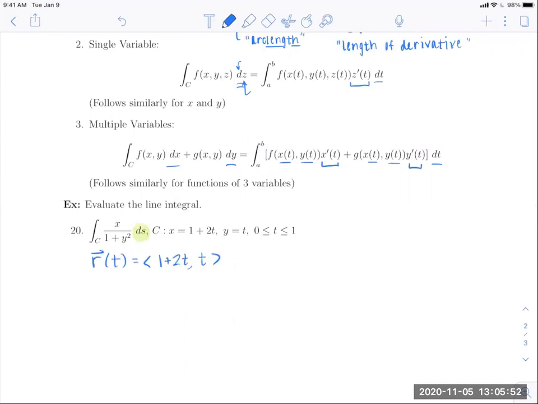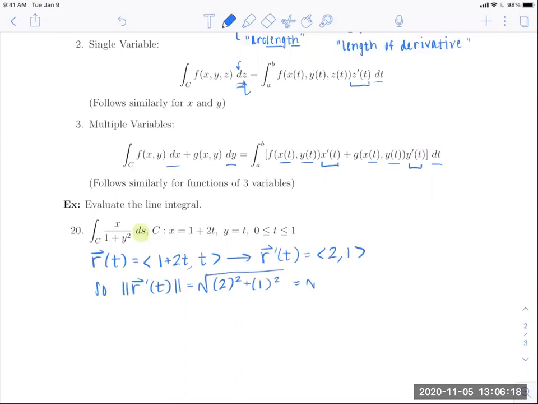And then using this, we can find the derivative. So r prime of t would then be 2, 1. It just becomes a constant function. And then I can find the magnitude. So the length of r prime of t, just using the distance formula, is the square root of 2 squared plus 1 squared.